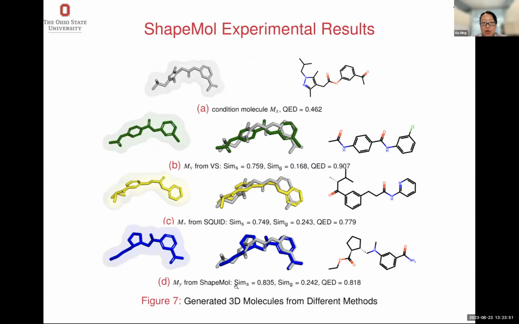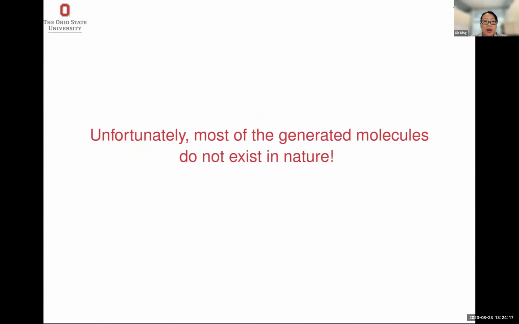And you can tell we can generate similar 3D structures, but not very similar 2D structures compared to the given molecule. That is actually a desired property in ligand-based drug discovery: we want diversity in terms of 2D graphs and very similar shapes in 3D.